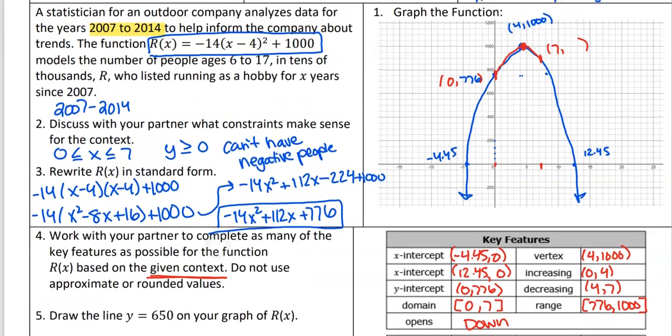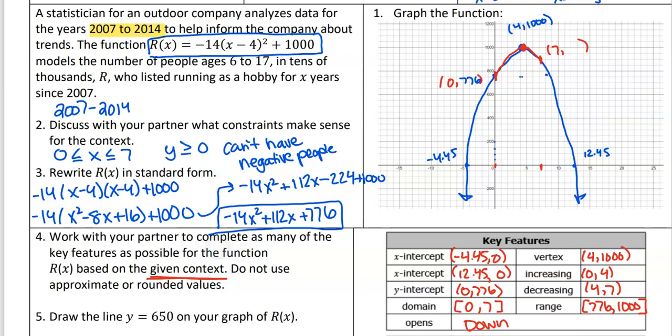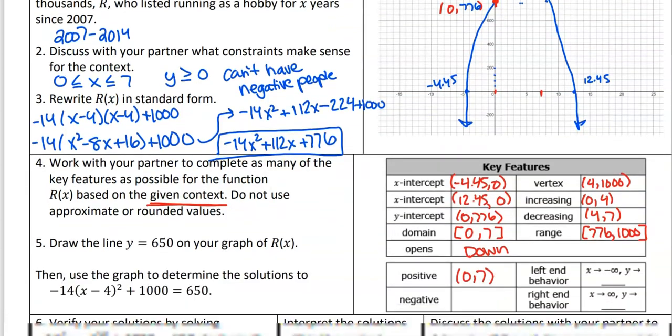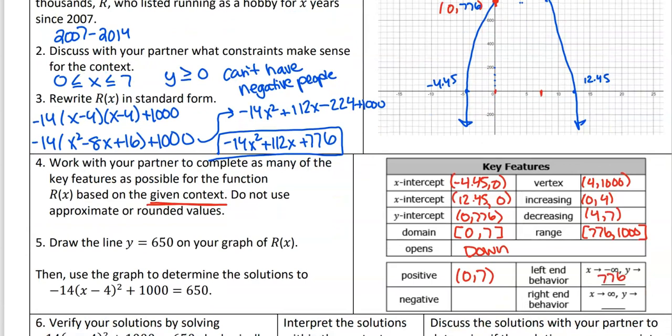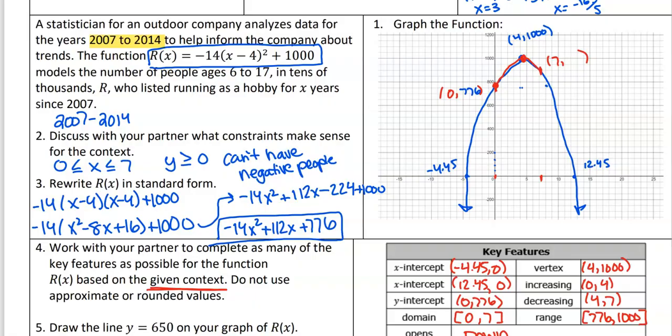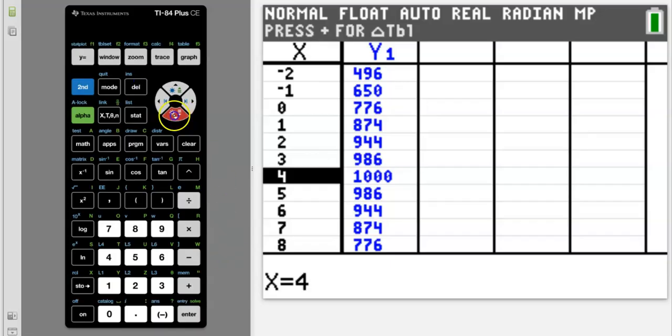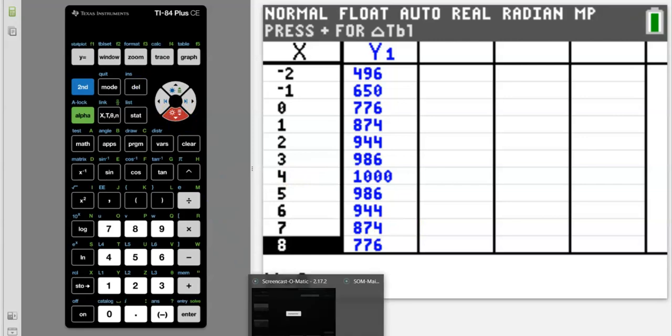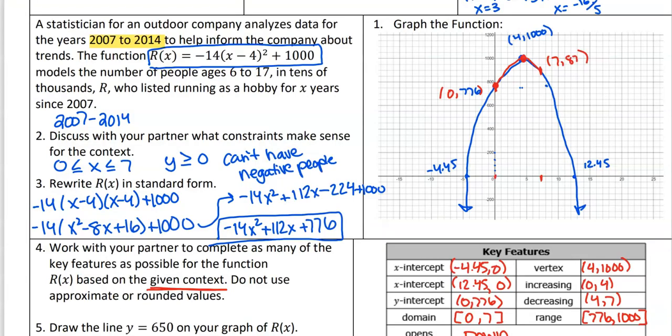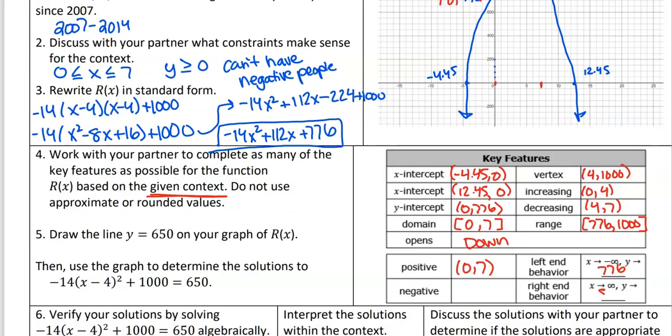My left end behavior is going towards what? Just the red section. Where are we going to, and where do we stop? 776. On the right side, where do we go and stop? Where is 7? 874. So we're going towards 874. We good?